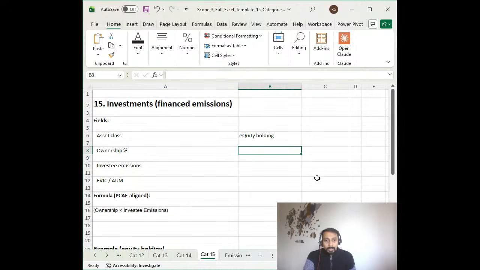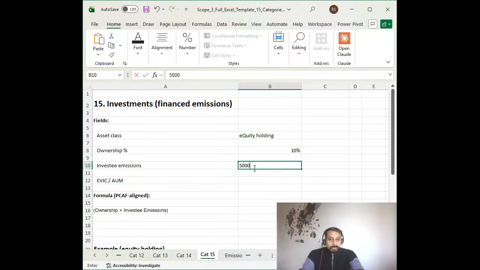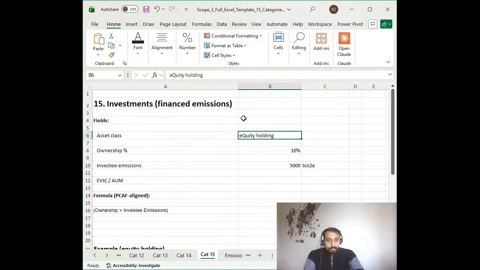So for example, here the ownership is only the 10%. Investee companies' emissions, which means whatever investment that we have done as a mutual funds owner, is 1,000 tons of CO2 equivalent per year, then we have to mention that 5,000 tons of CO2 equivalent.